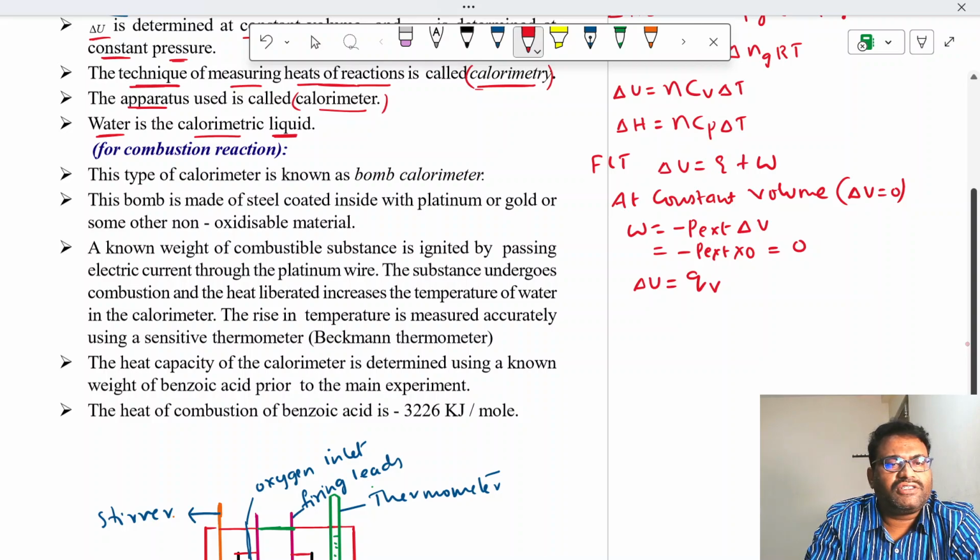In calorimetry, for combustion reactions especially, we take one fuel or a substance and we combust it.